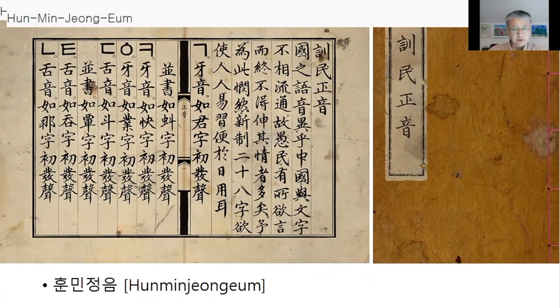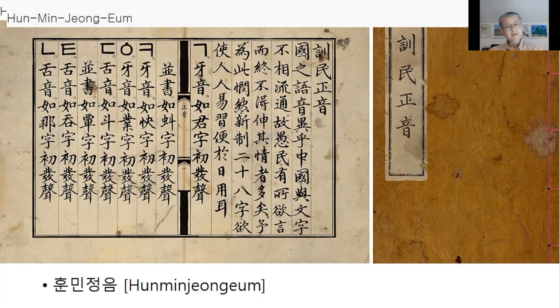So in this book, King Sejong explained why he made this character and how he invented these characters. And Hunminjeong means the right sound to teach the people.